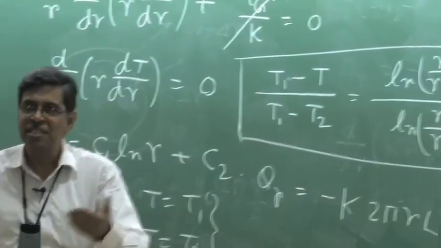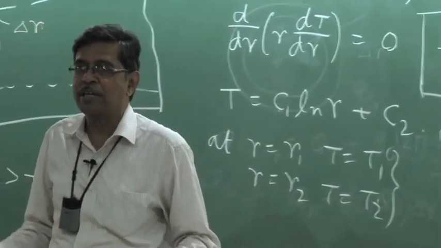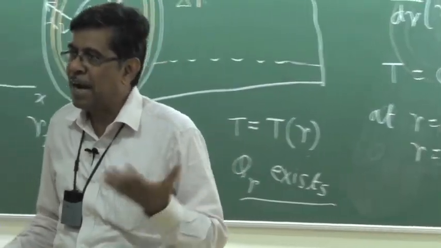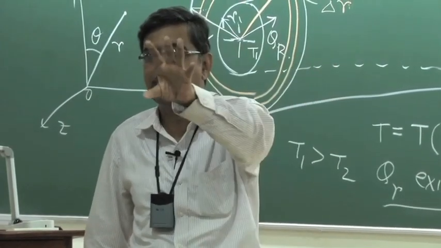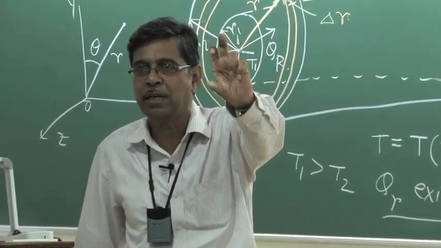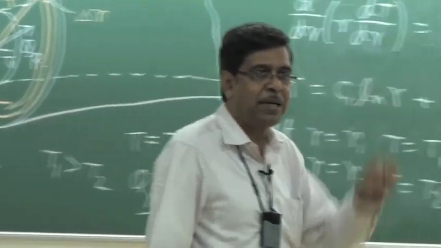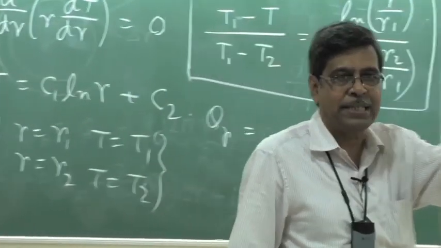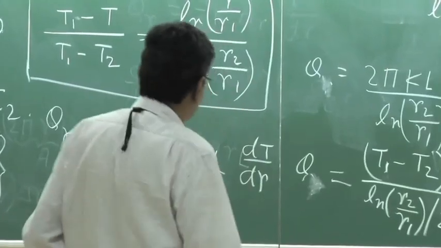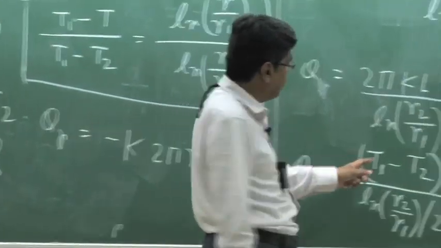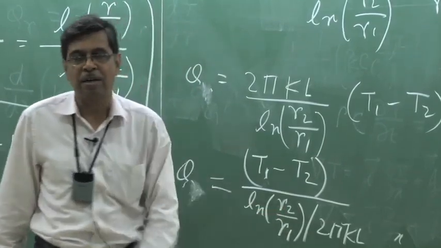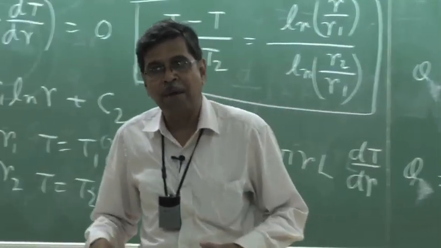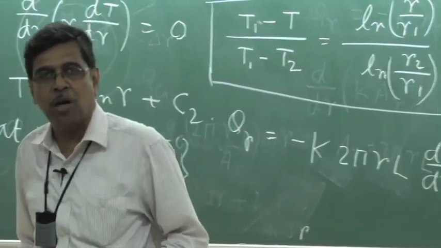So this is the easiest way to find the temperature distribution: you write the heat flux, integrate from 1 to 2, and get the heat flux in terms of the total potential difference. Or take any arbitrary location R with temperature T there, and you get Q in terms of T1 minus T, with R instead of R2. Divide one by the other and you can go. This is the easiest way of finding it.